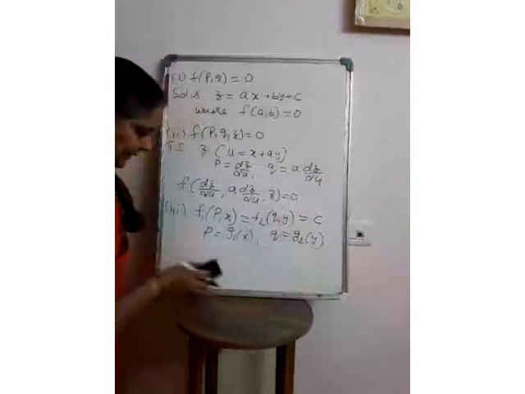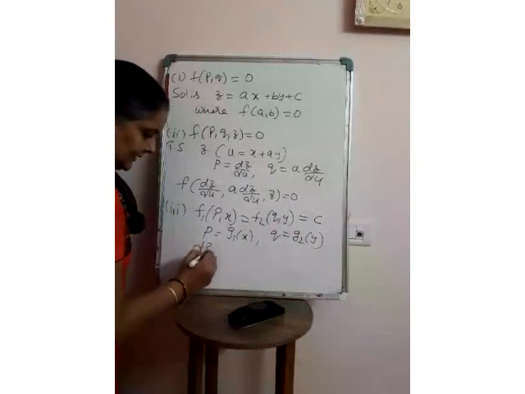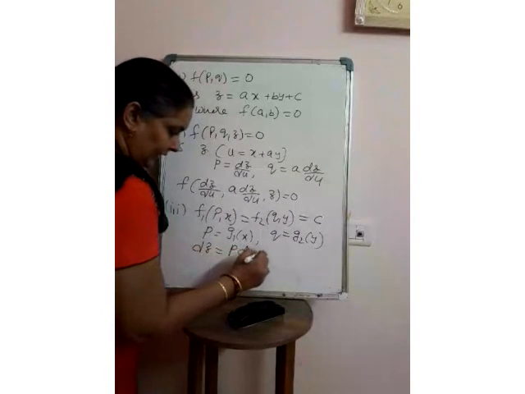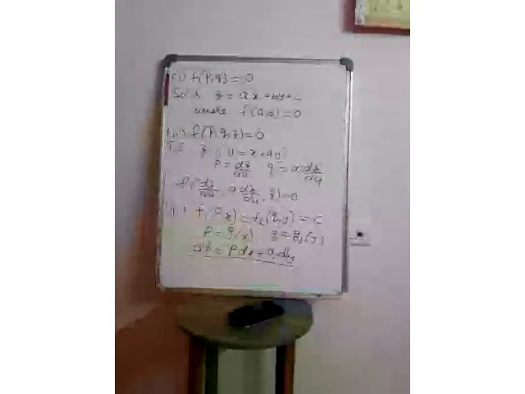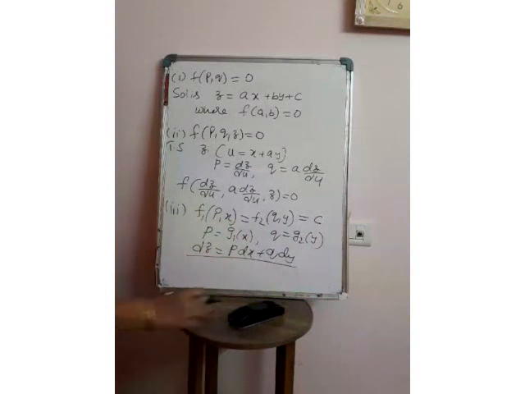Then we substitute in the relation dz is equal to p dx plus q dy. So this will be converted into a pure total differential form, and to get the solution we simply integrate it.